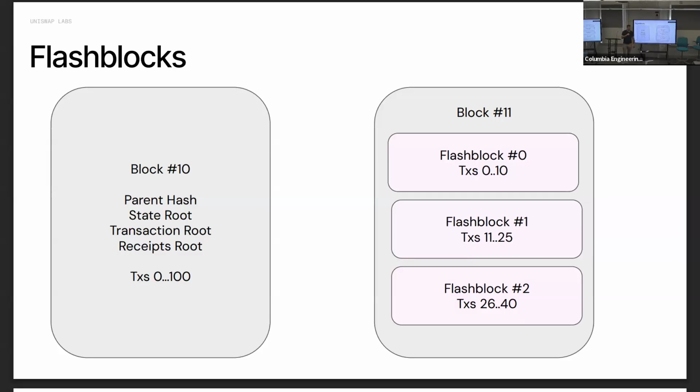Is there a chance that the block never actually gets completed even after the first flash block was confirmed? Yes, but that's where the engineering work goes to make it, in practice, no. Is that the risk the user is taking by treating the flash block confirmation as being as good as the actual block inclusion? Yes. There's also a whole hierarchy of unsafe versus safe versus finalized in the OP stack that I don't really have time to talk about today.